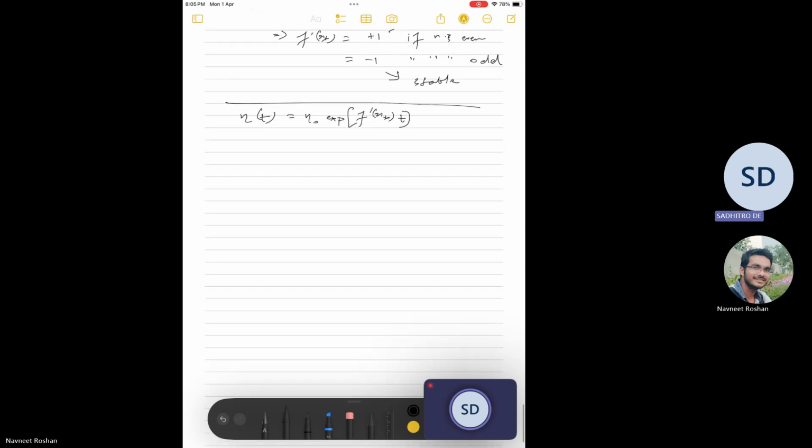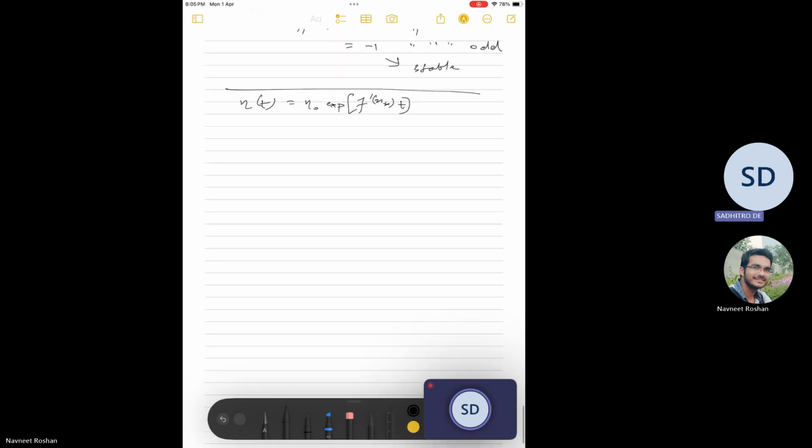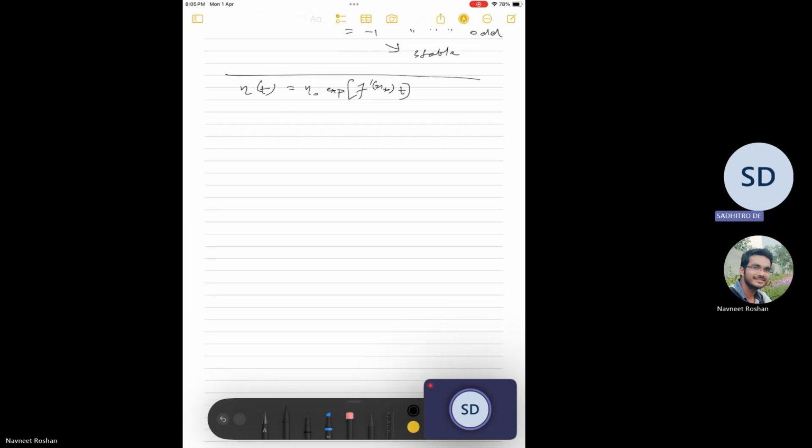So if one wants to find out the characteristic time scale, that means the time scale at which the perturbation grows to e times or decreases to 1 by e times its original value, then the characteristic time scale t c can be written as 1 by f dash of x star.